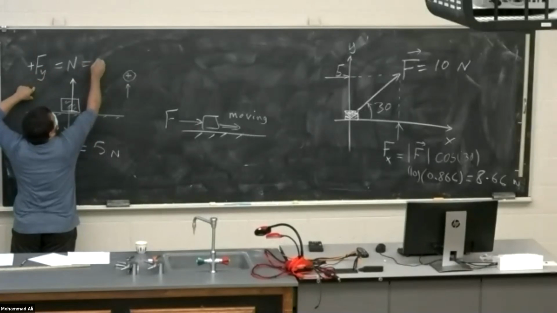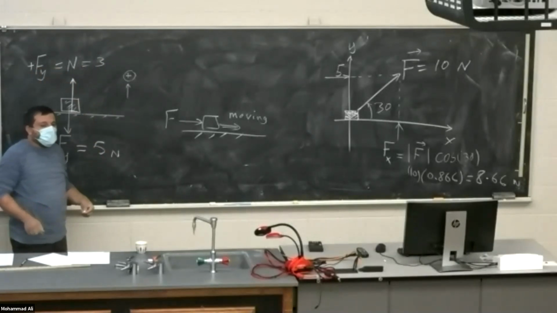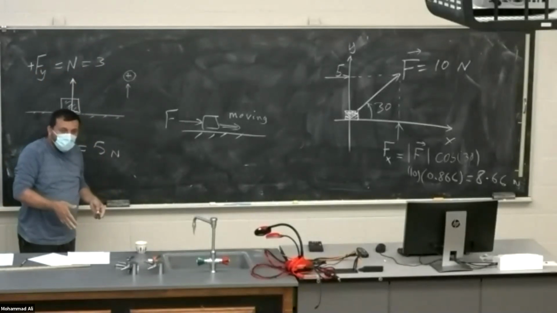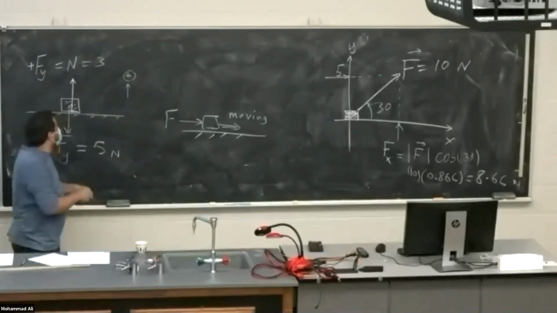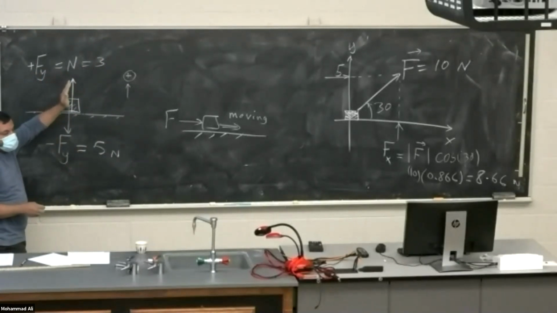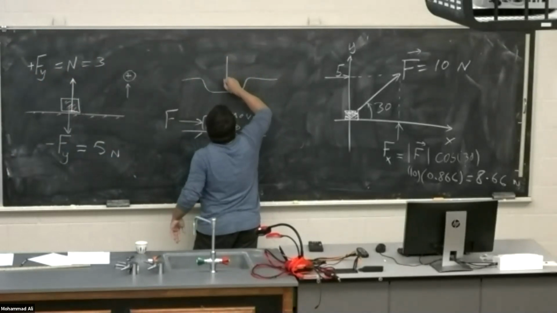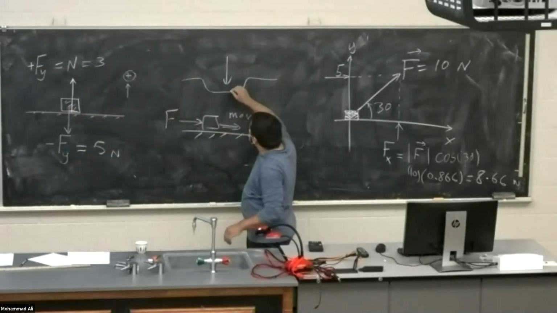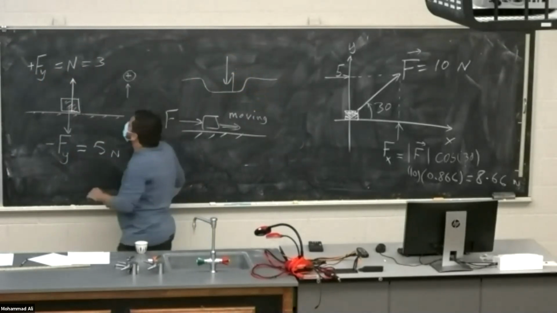Assume it is 3. Then 5 is bigger than 3. Then the object will start moving downward. That happens many times. If I stand on sand, then my force downward is bigger than the normal force on the sand. Then my foot will start going inside the sand until the normal force is equal to my weight downward.